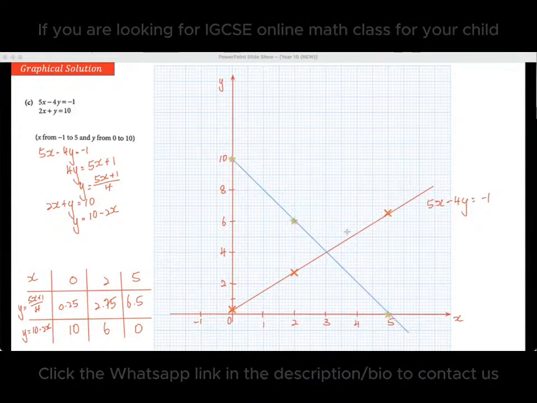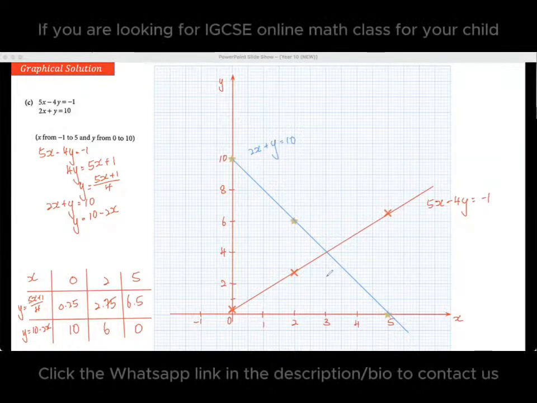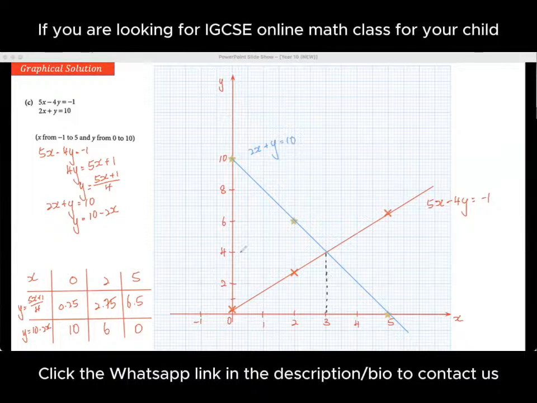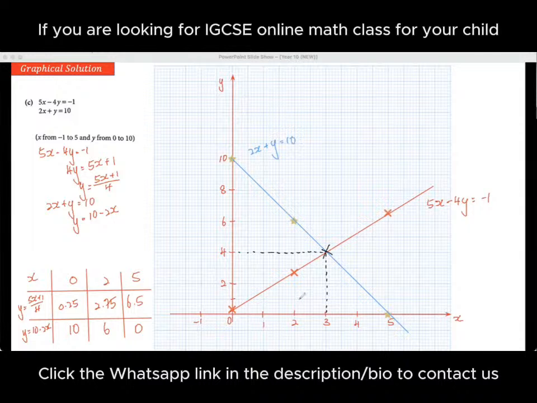So it will be 2x plus y equals 10. So I found that the intersection point is here. Over here. So my x will be equal to 3, y will be equal to 4.